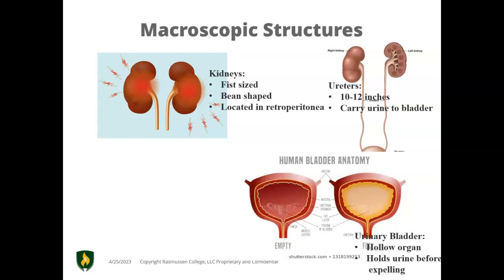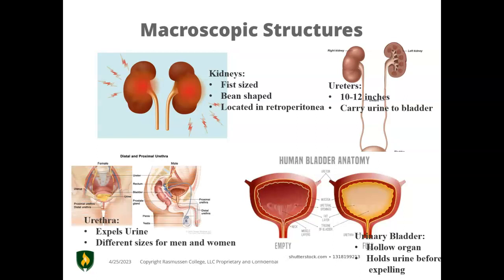And the final macroscopic structure is the urethra. Now, the urethra for male and female patients is different sizes, and that is based upon the structure of the urinary and reproductive organs.